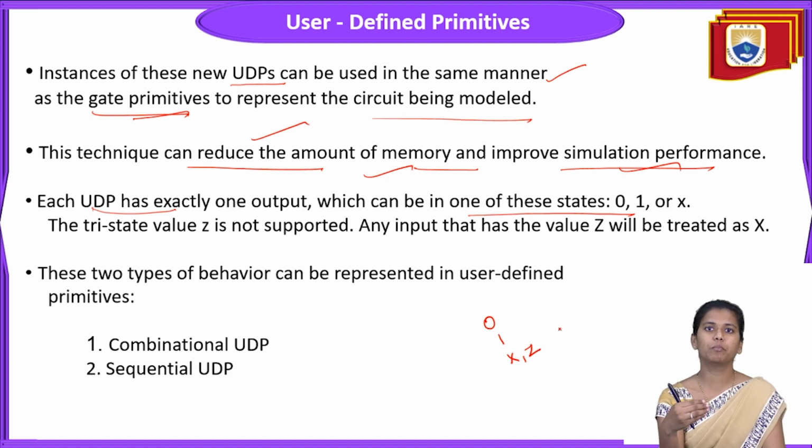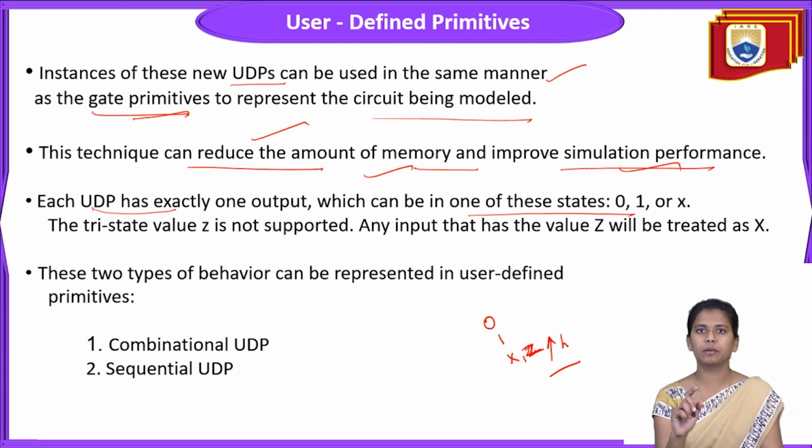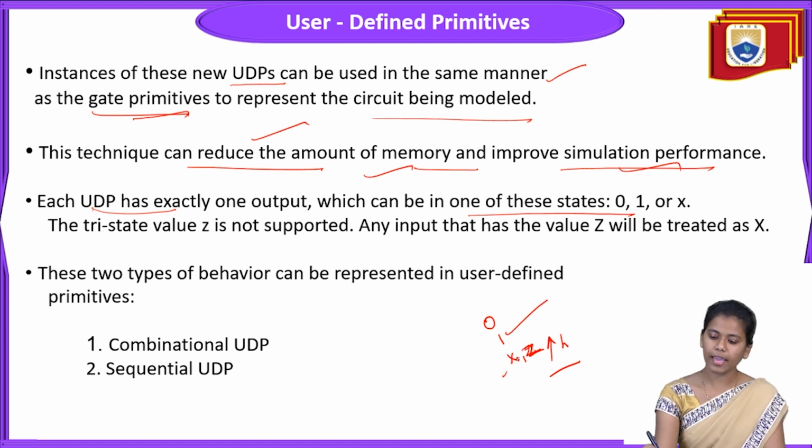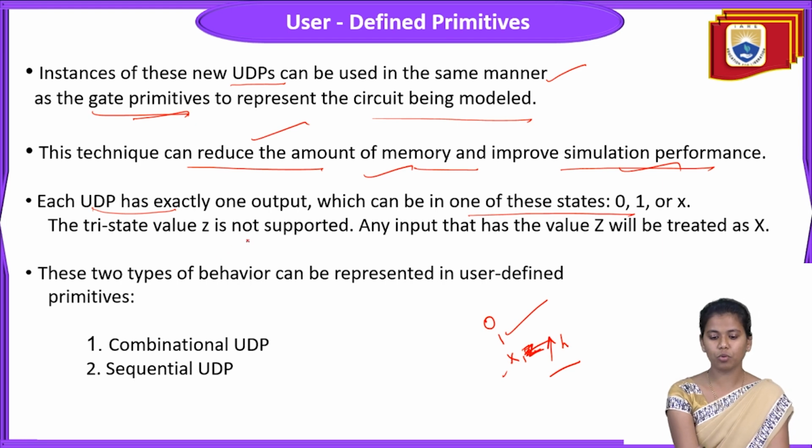Sometimes the output is observed only with the help of the control inputs, and sometimes it is observed without them. Such a high impedance output is denoted with Z. In a UDP, the output could be 0, 1 or X, and the tri-state value Z is not supported.